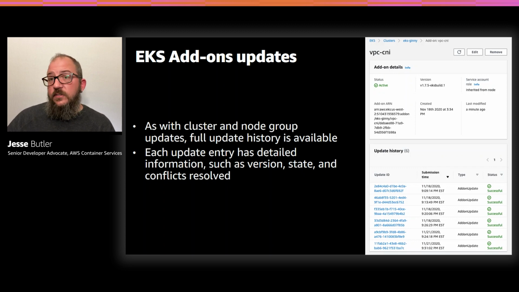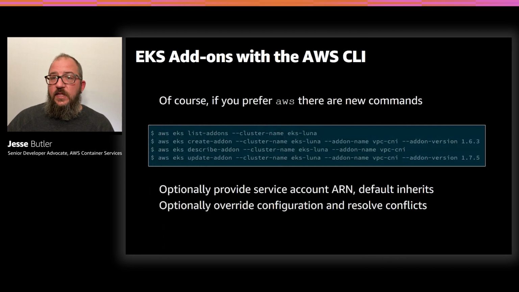So that's all in the console, but if you prefer to use the CLI, of course, support for add-ons is there too. So you can list, create, describe what are available, and update add-ons, all through the AWS CLI. And you could optionally provide a service account when you're doing this, or inherit from the node, and you can optionally override configuration.